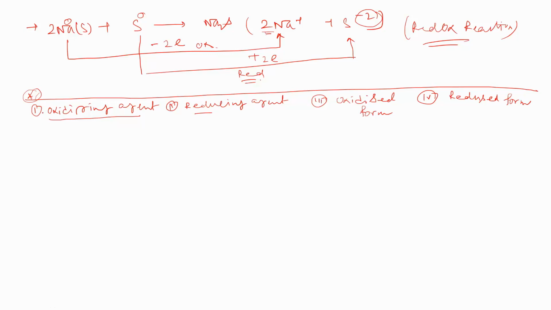So what is an oxidizing agent? An oxidizing agent means this agent can oxidize another species. It can oxidize another part.